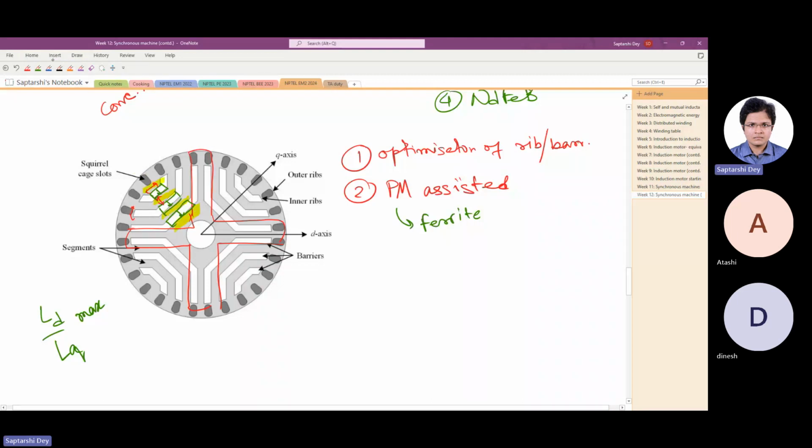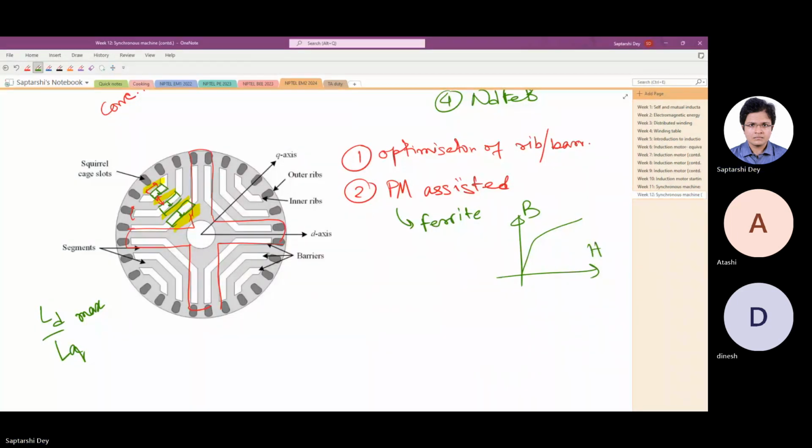If you increase the flux density a lot in these areas, they will saturate, and saturation means, as we discussed, inductance will drop. So the d-axis inductance will drop even more. That will increase the saliency ratio, and you will get more torque. So that is the concept of PM assisted synchronous reluctance machines. This is one very popular approach.